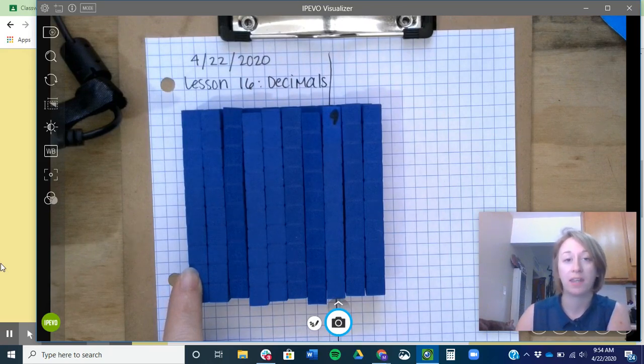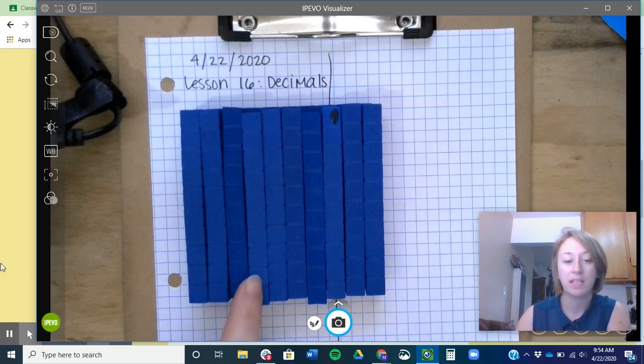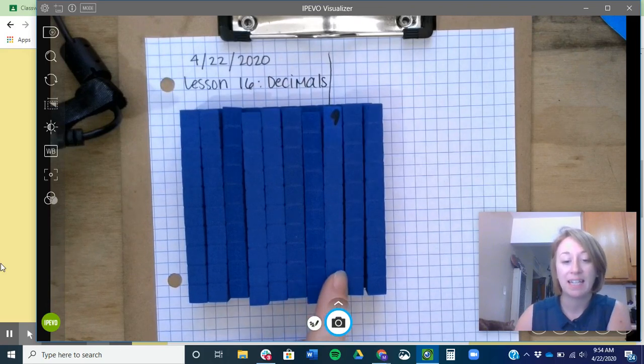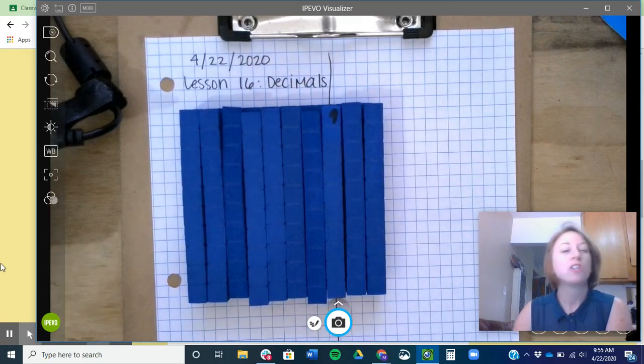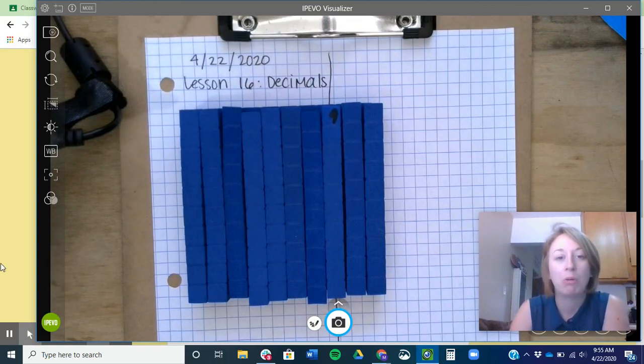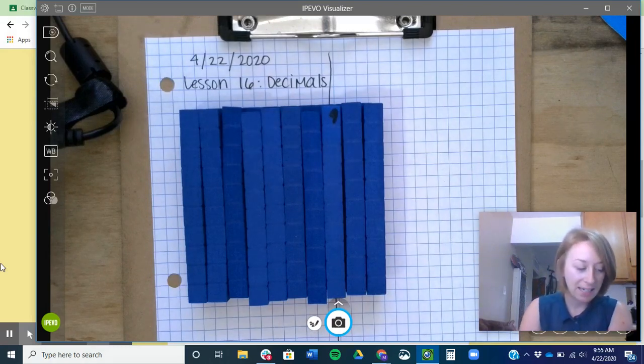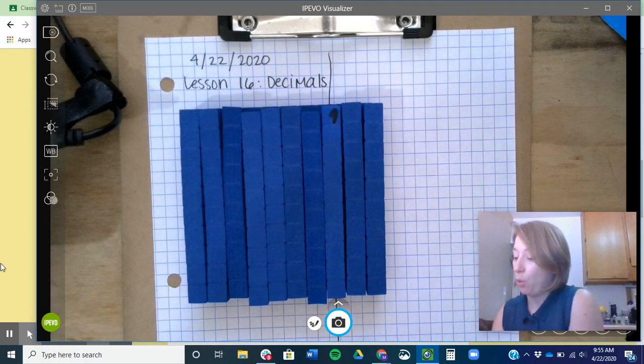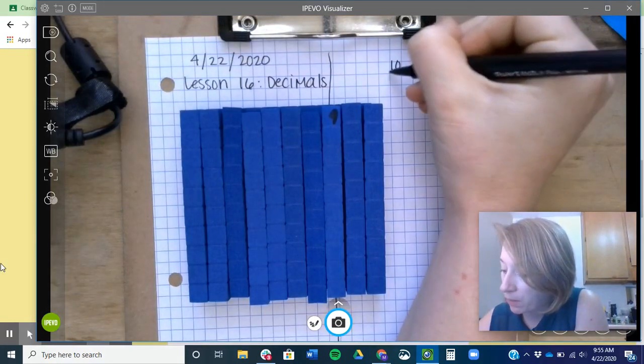Starting with 1/10. Ready, go. 1/10, 2/10, 3/10, 4/10, 5/10, 6/10, 7/10, 8/10, 9/10, 10/10. So how many tenths equal one whole? That's right, 10/10 equals one whole.